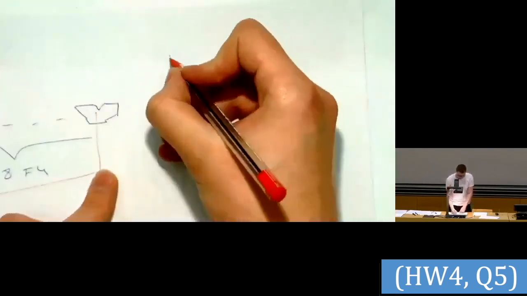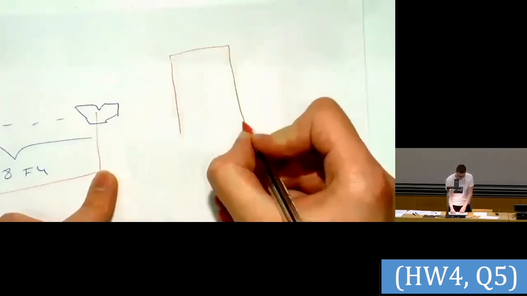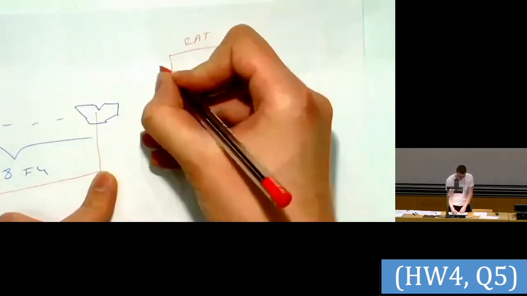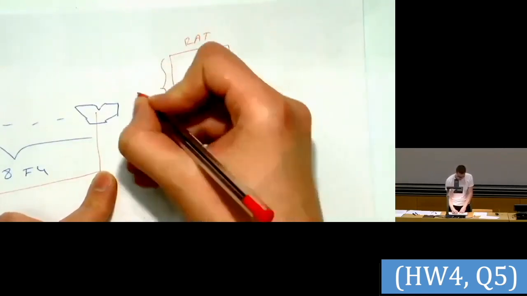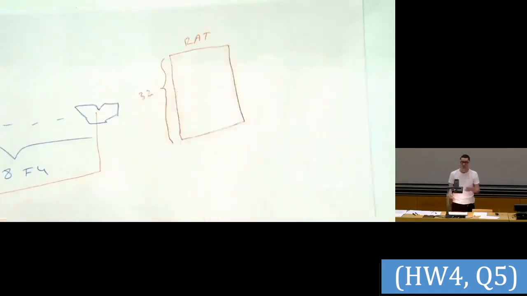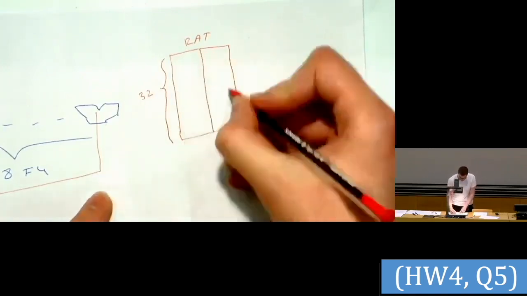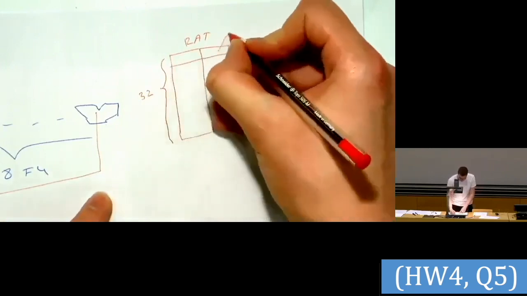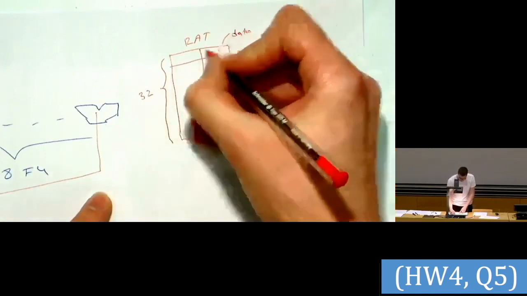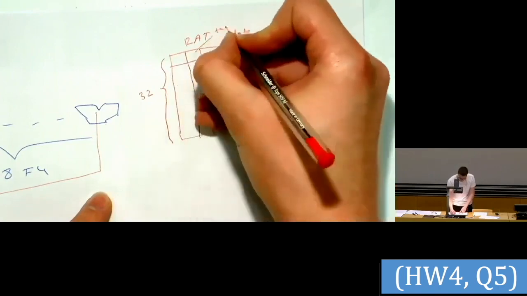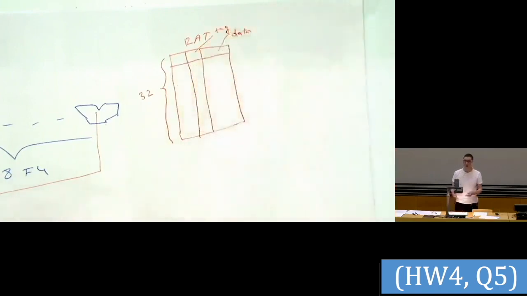But if I draw this, the register alias table will have 32 entries, because we have 32 architectural registers, right? And then it will have a data field for each entry. It will have some tag field, and it will also have some valid bits.